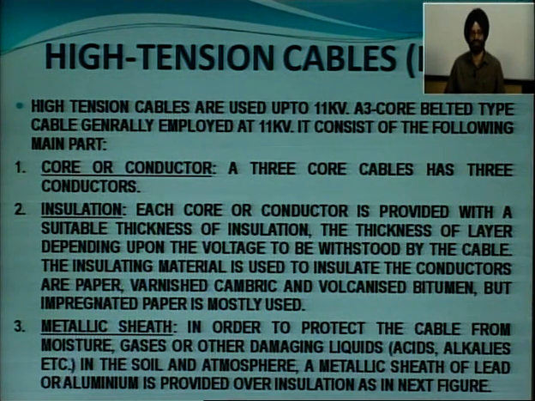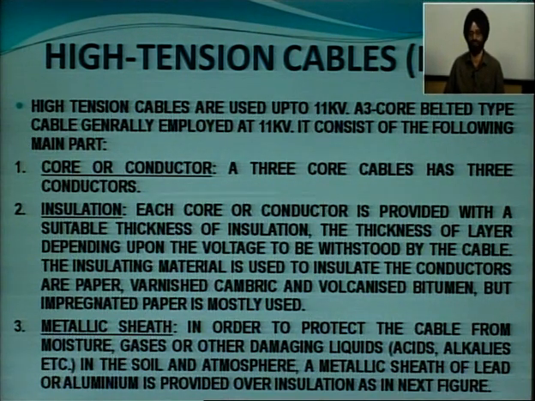Then we have a metallic sheath. So what is the purpose of a metallic sheath? It is in order to protect the cable from moisture, gases or other damaging liquids, such as acid and alkaline in the soil and the atmosphere. A metallic sheath of lead or aluminium is provided over the insulation.